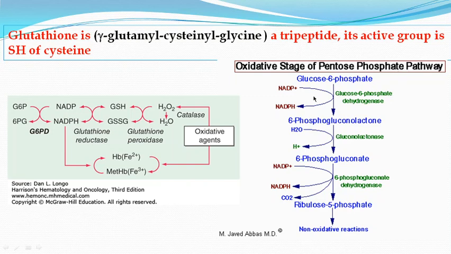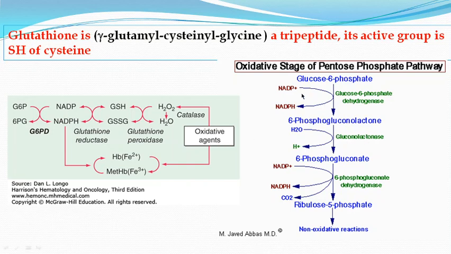The first step is the step of glucose 6-phosphate dehydrogenase, in which glucose 6-phosphate is converted into 6-phosphogluconolactone. Another dehydrogenation step converts 6-phosphogluconate into ribulose 5-phosphate. By such steps, NADP is converted into NADPH. So what is the source of the reduced coenzyme 2, NADPH, needed for the enzyme glutathione reductase?